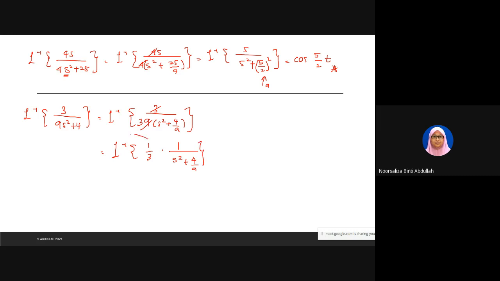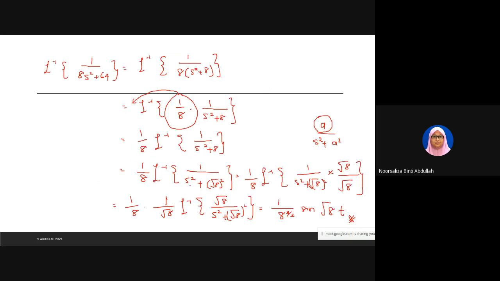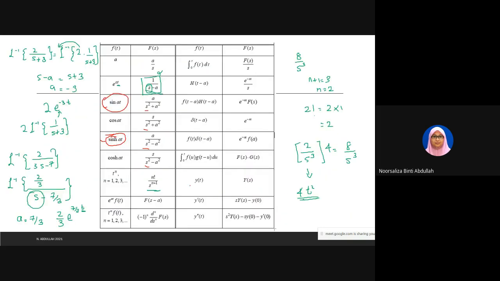Okay, this one you bawa ke depan ni. Then you have 1 over 3, 1 over s square plus 4 over 9. Okay, awak tengok, you look at the table here. S kuasa 2 plus A kuasa 2.